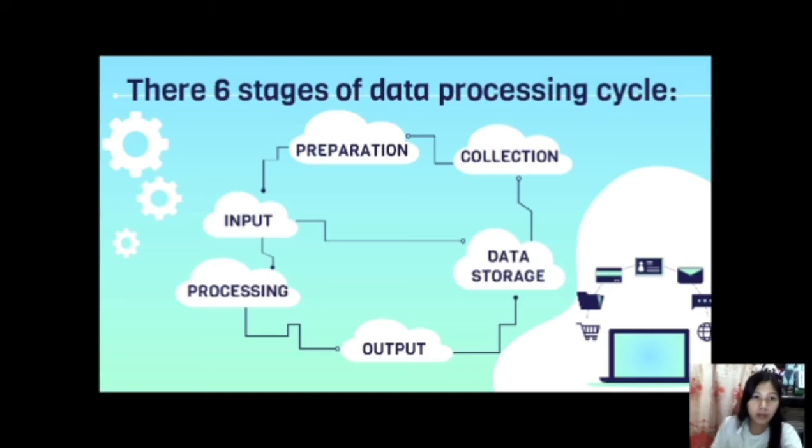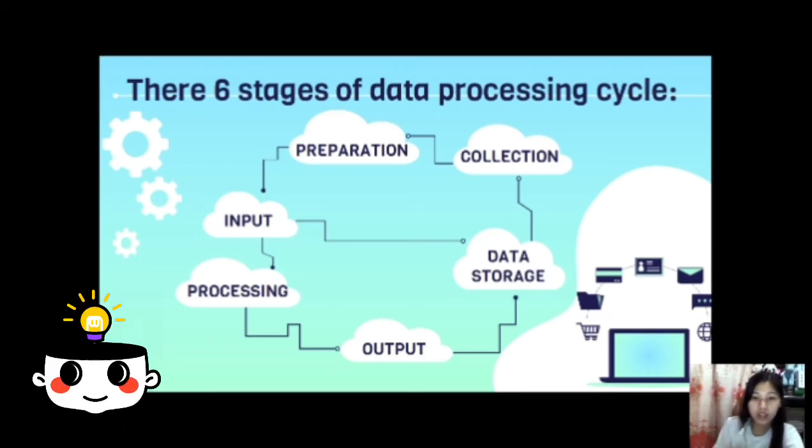So, there are 6 stages of data processing cycle. First is the collection, and then it undergoes into the preparation, input, processing, output, and data storage. So, as you can see, there is an arrow or connection between the data input and the data storage. So, sa data input kasi, dito na nangyayari yung conversion.